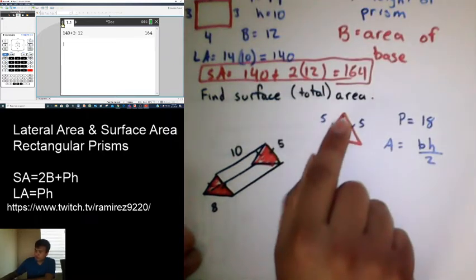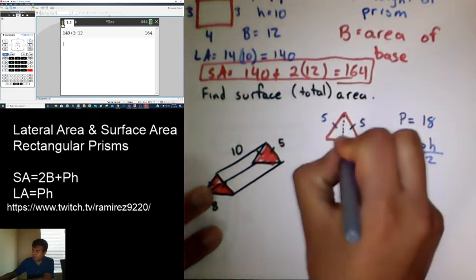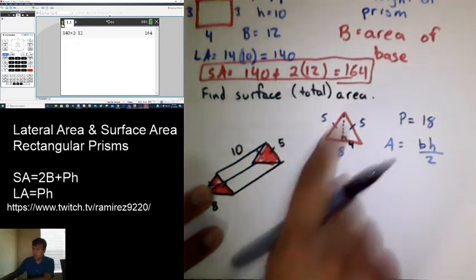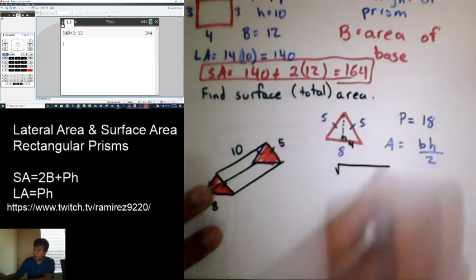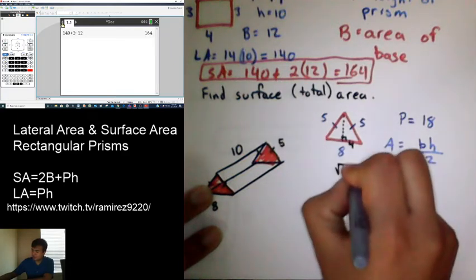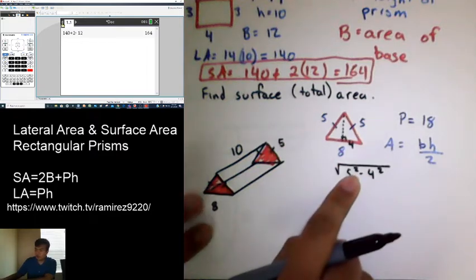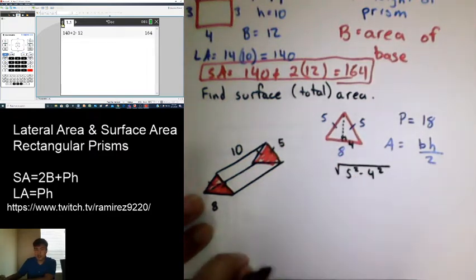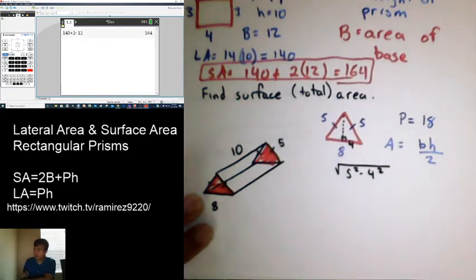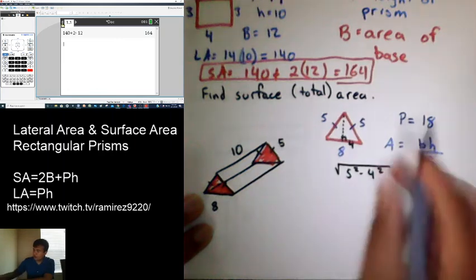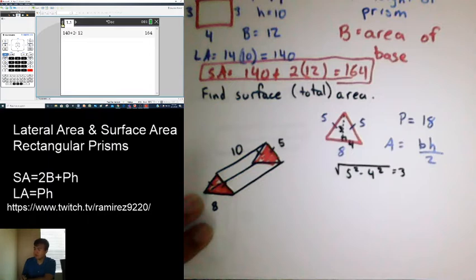And this line right here bisected my base, so I know that this is 4. So I'm looking for my height, I have to do Pythagorean theorem. So I do Pythagorean theorem, 5 squared minus 4 squared. Again, go back and look at the video on using Pythagorean theorem or finding the area of the triangle if you don't understand how I got that. And so this is 3. So I know that the height of my triangle is 3.